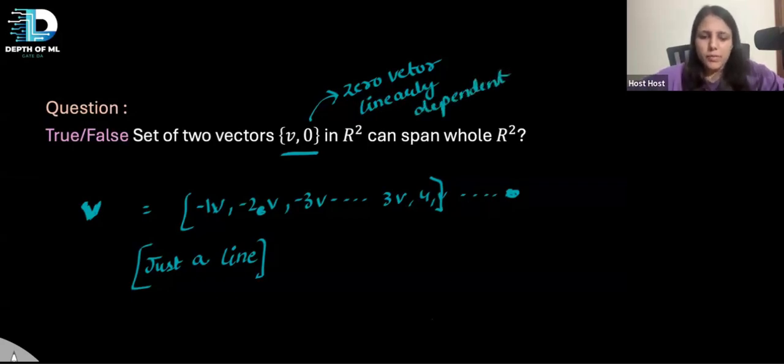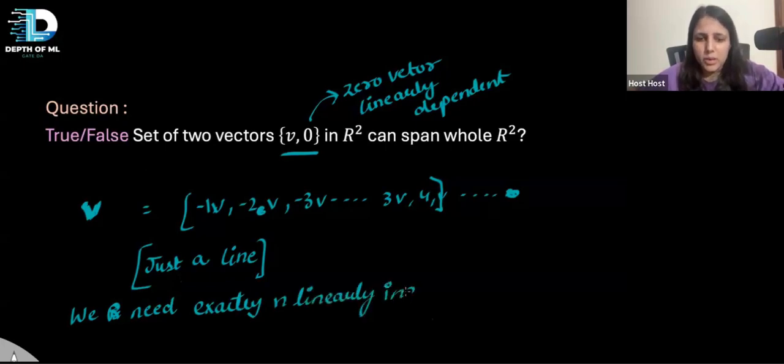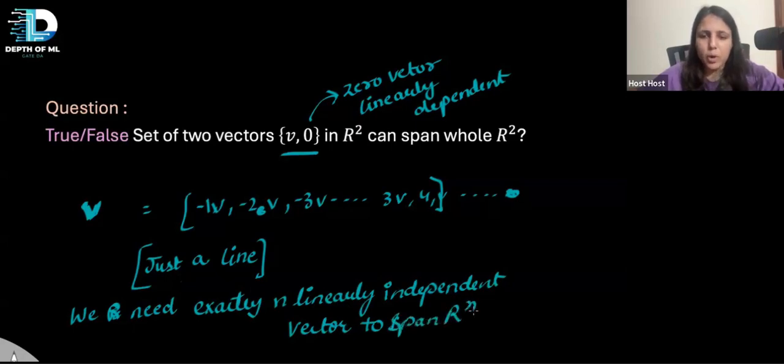And we saw that we need exactly n linearly independent vectors to span Rn. When I'm talking specifically about R2, I need two linearly independent vectors. But here I have just one vector, and this set is linearly dependent because the 0 vector is present in it.